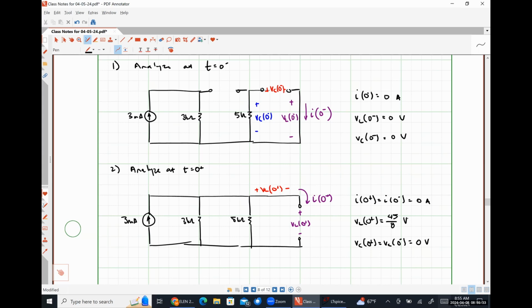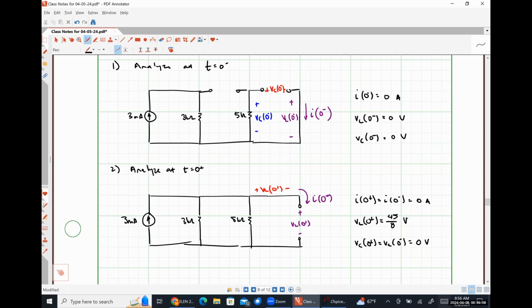We learned that the voltage drop across a capacitor cannot change abruptly, which means that VC at 0 plus has to be VC at 0 minus. We also learned that the current flowing through an inductor cannot change abruptly, which means IL at 0 plus must equal IL at 0 minus. The voltage drop across an inductor can change as much as it wants to or needs to. The current flowing through a capacitor can change as much as it wants or needs to. So this isn't one of those quantities that has to stay the same.